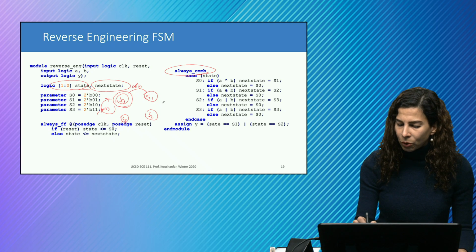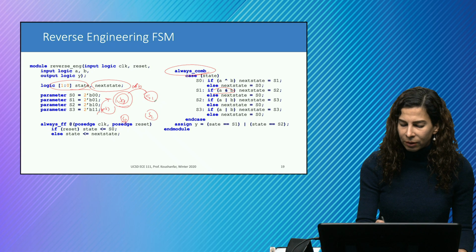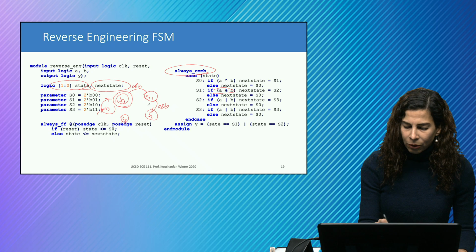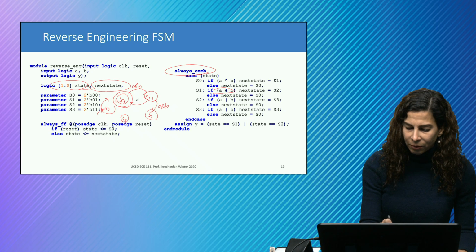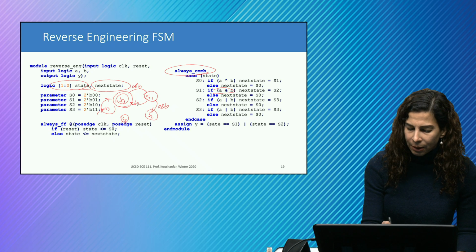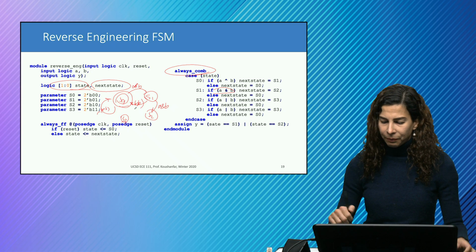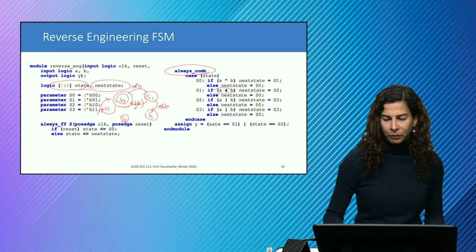And you could basically reverse engineer these. So from S1, we go to S2 if A and B is true. And if not, you go to S0. So this is basically not A and B. And the same is true for all of these.